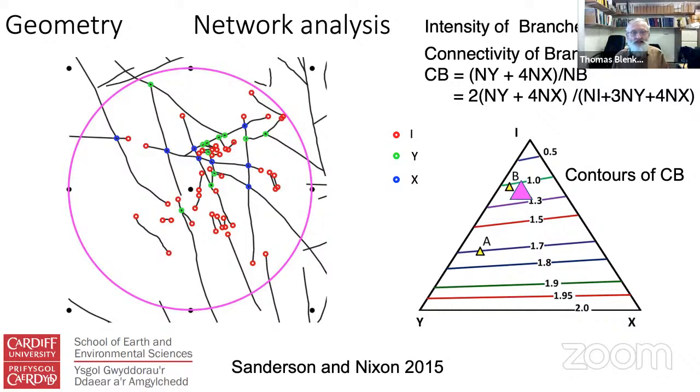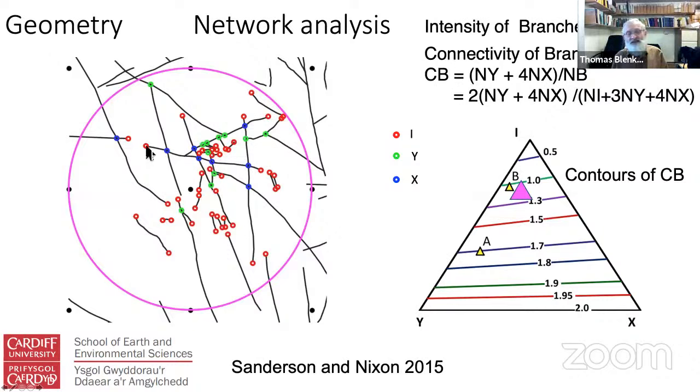On the left here, you see a map of a fault network, in fact, a gold-bearing fault network, with a sampling circle in purple around it. And the idea of this approach is to divide the deformation zones, in this case fractures, into intervals which are separated by nodes where one fracture crosses another, or endpoints.